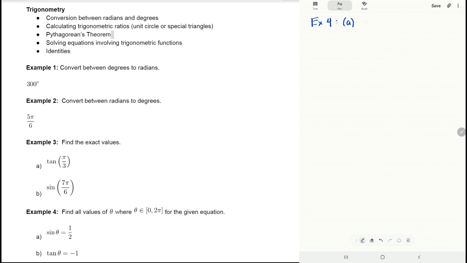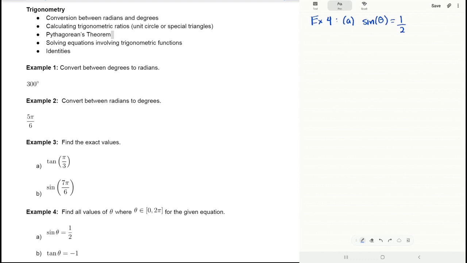So here we have the equation sine of theta is equal to 1/2, and the angle theta is between 0 and 2 pi. So this equation can have more than one solution. So we're also going to need our special triangles and the cast rule to solve for the angles of theta.